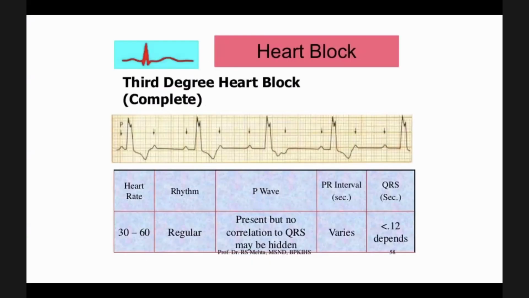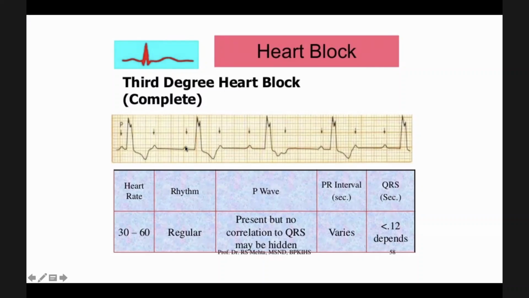You can see the RR interval is regular, but there's no association between the P and the QRS.